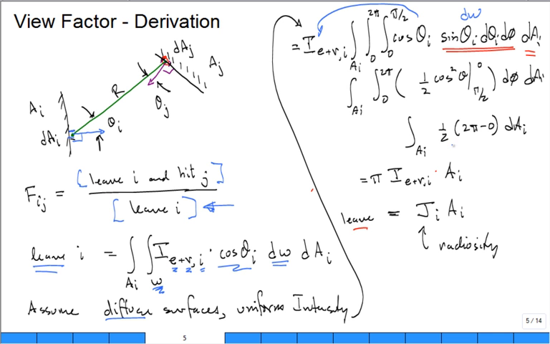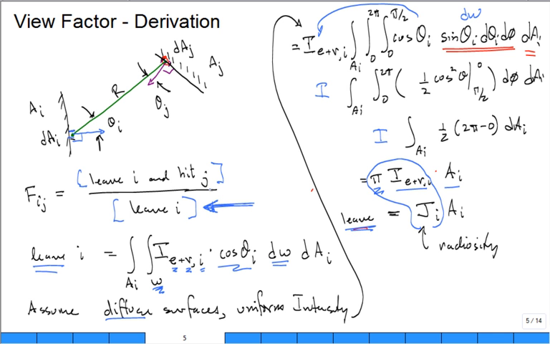And so what we find is that I continues down in the equation, and you then integrate over the area, so that the total leaving surface I is the product of pi, the intensity of the outgoing radiation flux due to emission of radiation, and the magnitude of the surface area. Well, that is simply the radiosity J. So the radiosity times the area is what leaves. Pretty simple result for the denominator.